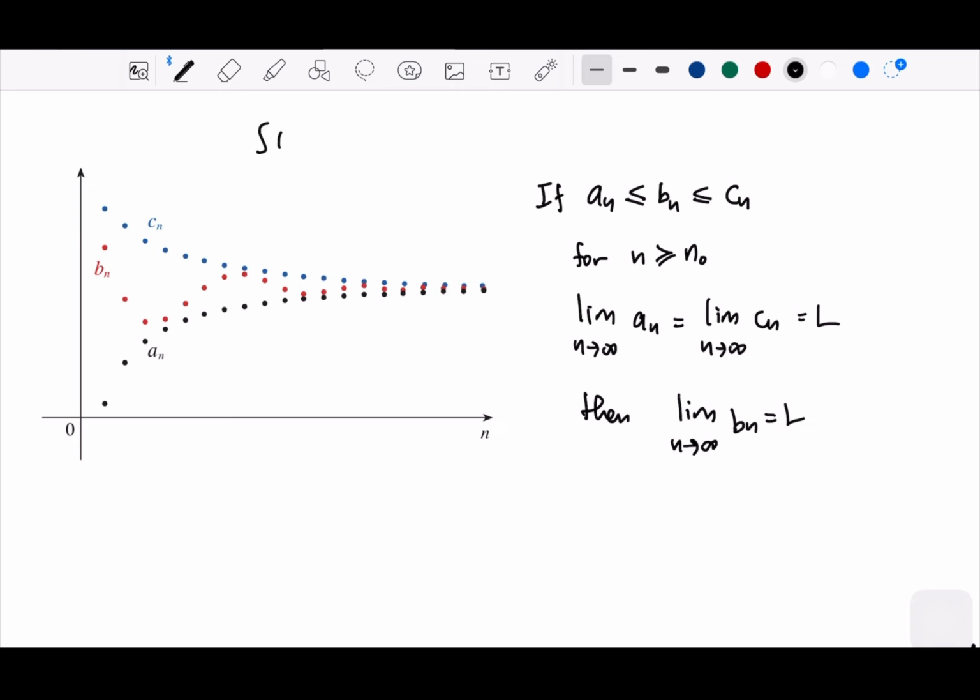Okay, this is the squeeze theorem for sequences.